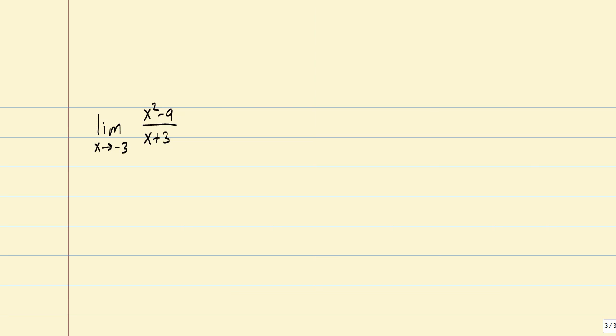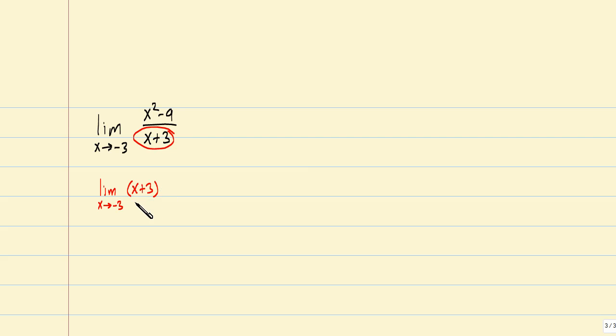So, going back over to here, and looking at our denominator, when we ask the question, and we can do this in our heads probably, what happens in the limit to x plus 3 as x approaches that same negative 3 that we have it approaching above? Well, notice this right here is a polynomial function.